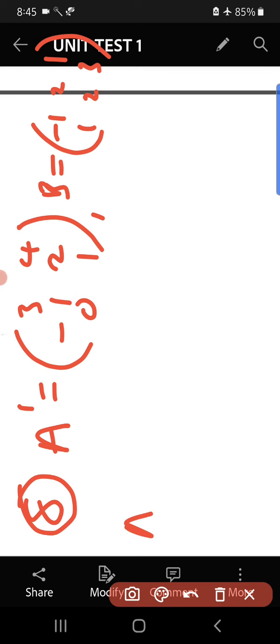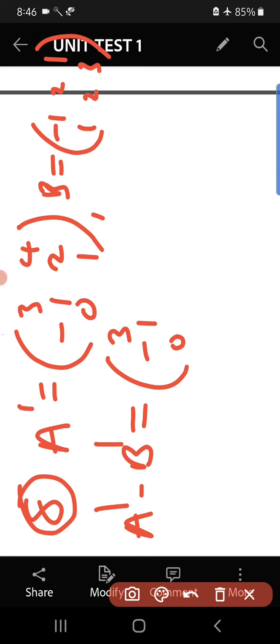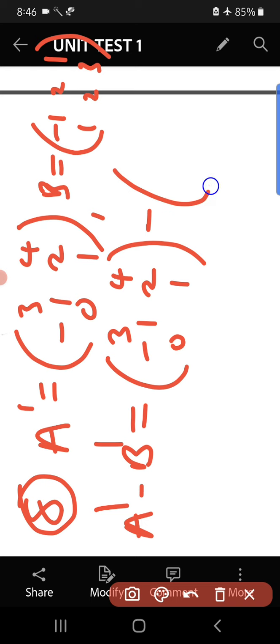A dash is already with us. B dash means the transpose of B, so we have to interchange the rows and columns of the second matrix. That will be minus 1, 2, 1 as the first column, then the second column is 1, 2, 3.